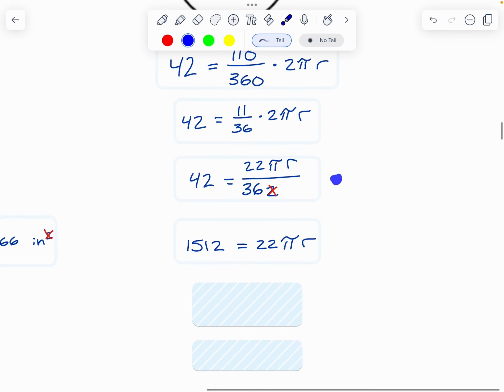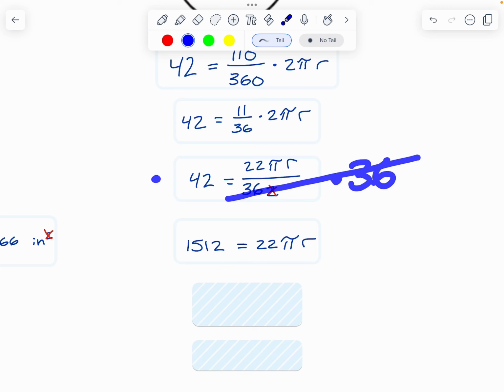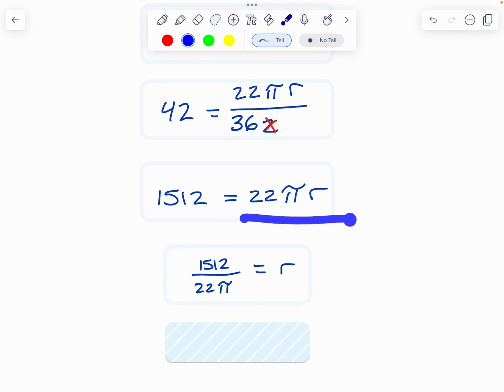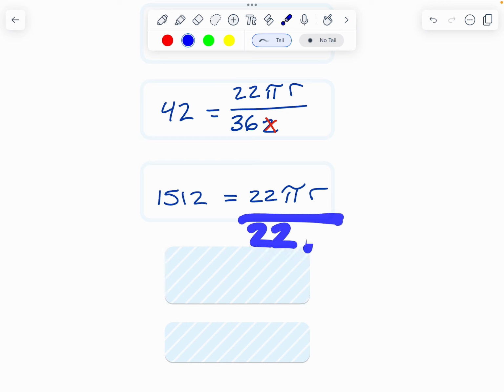I multiply both sides by 36 to get rid of it on that side. 42 times 36, 1,512. That's equal to 22 pi r. Divide my 22 pi out. Pi is just a number. Don't be afraid of it. 22 times pi is also just a number. 22 pi, divide it out.